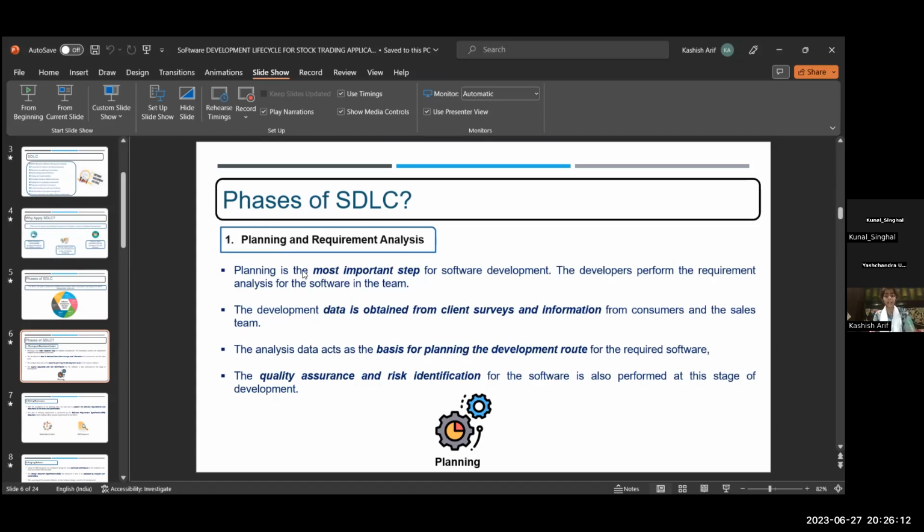In this phase, we gather the information from the clients and the stakeholders. The analysis data acts as the basis for planning the development route for the required software. Basically, in this phase, we prepare a blueprint for the project. We decide what steps we actually take in the project and how we start it. Quality assurance and risk identification for the software is also performed at this stage.